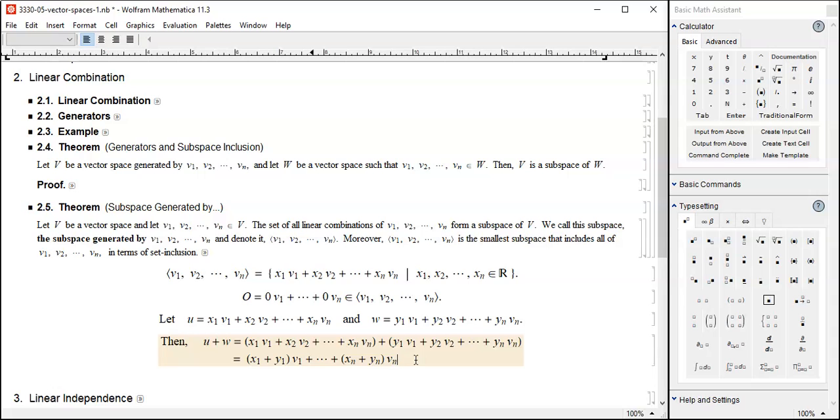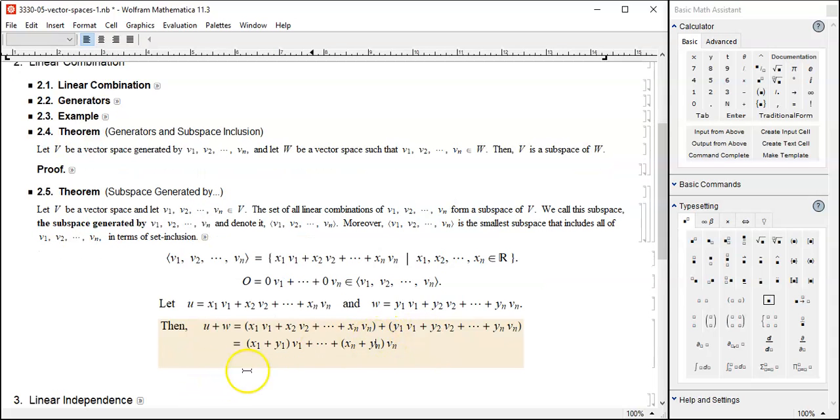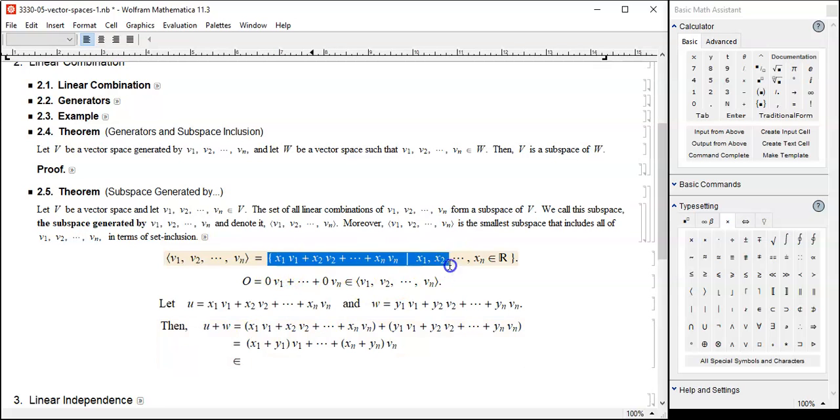So it's a linear combination, isn't it? Therefore, this thing is a member of the set that consists of all those linear combinations.